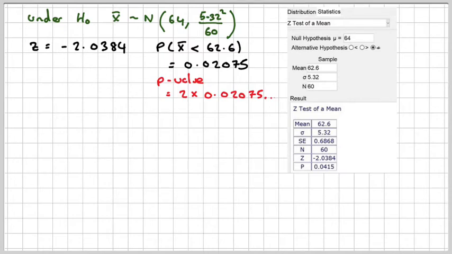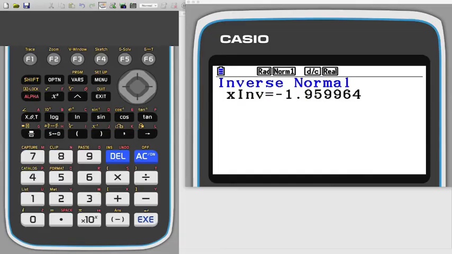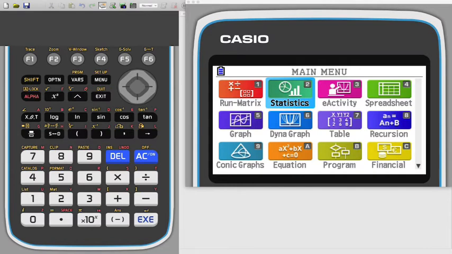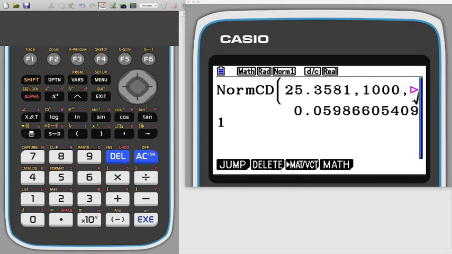So if we go to our calculator now, it's probably better if we do this in mode 1. Let's delete everything that we've got here already.